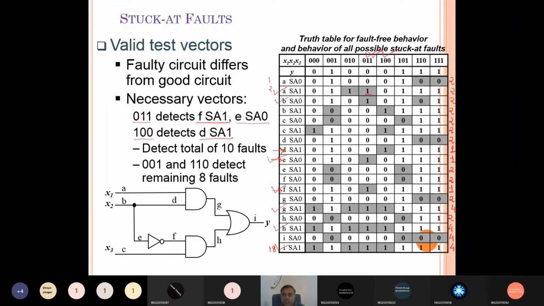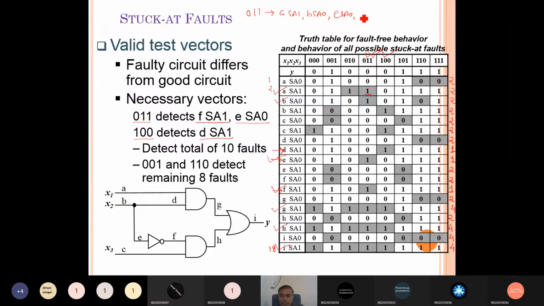So once we select the 011 combination, it can detect the A stuck at 1, then the B stuck at 0, then the E stuck at 0, right?